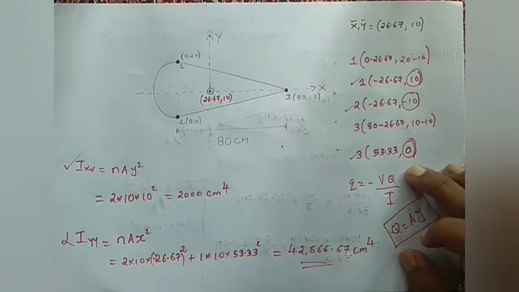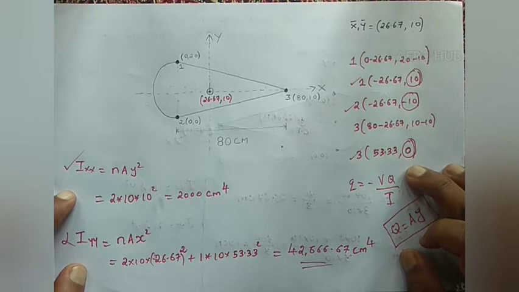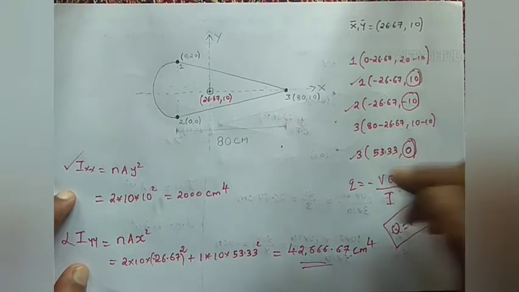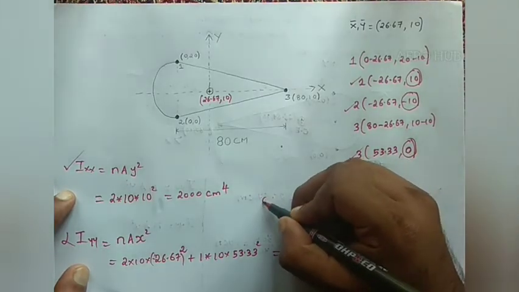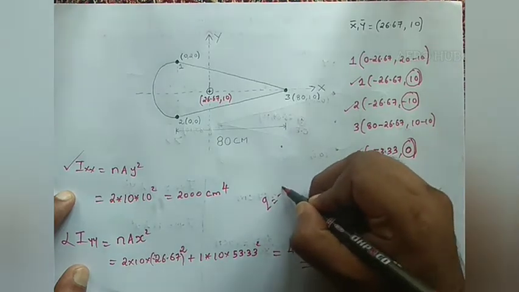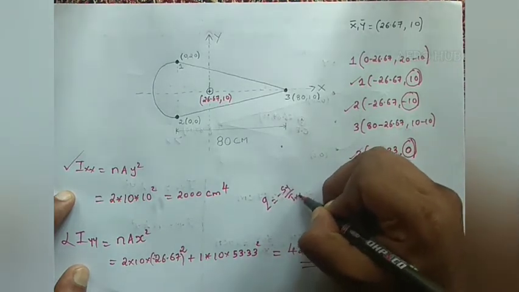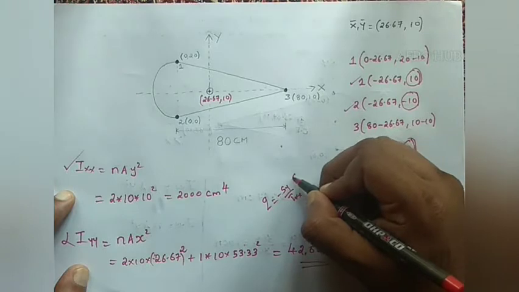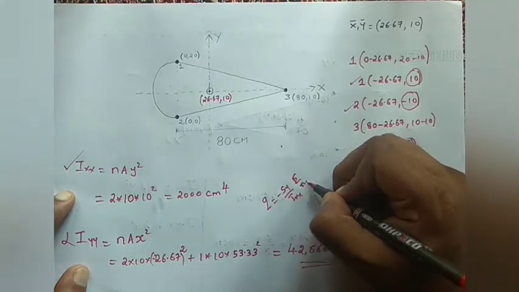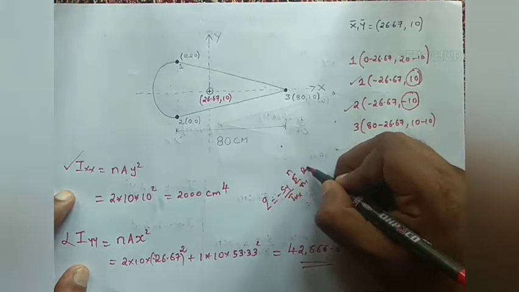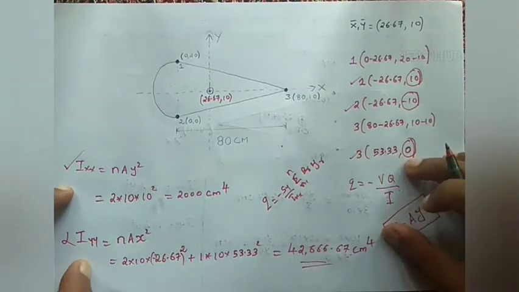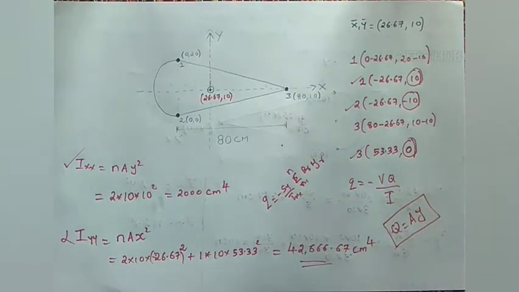I can use the formula we discussed in the previous lectures, like q is equal to minus Sy by Ixx, then the summation r equal to 1 to n of boom area Br into yr. I can use this formula, but this whole thing will be really complicated.